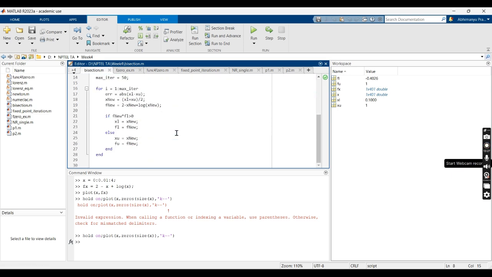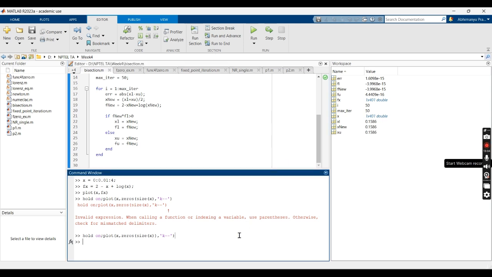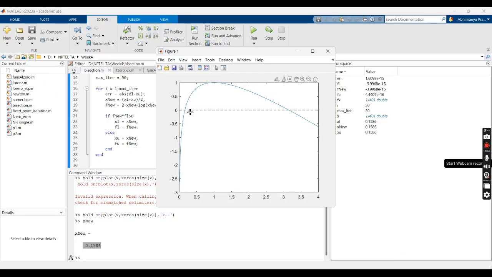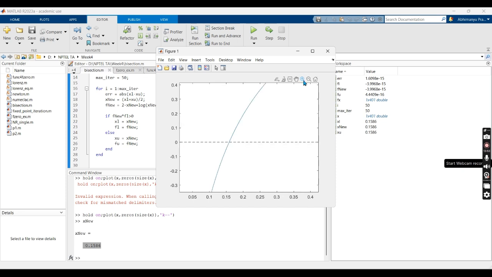Okay, so I will run this part, and if I see my x new value, which is 0.1586, and check my function over here, I should be closer to 0.156 only.